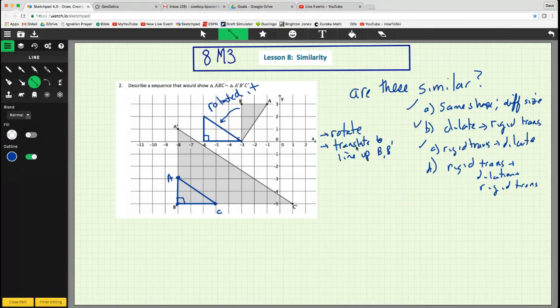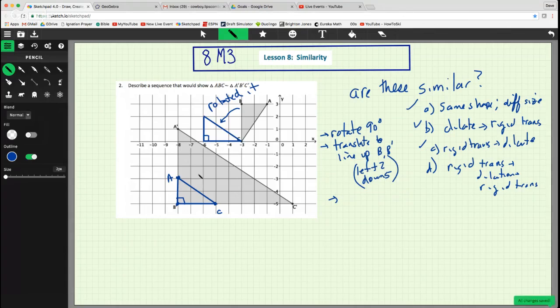We rotated it 90 degrees, and then we translated it left 2 and down 5.